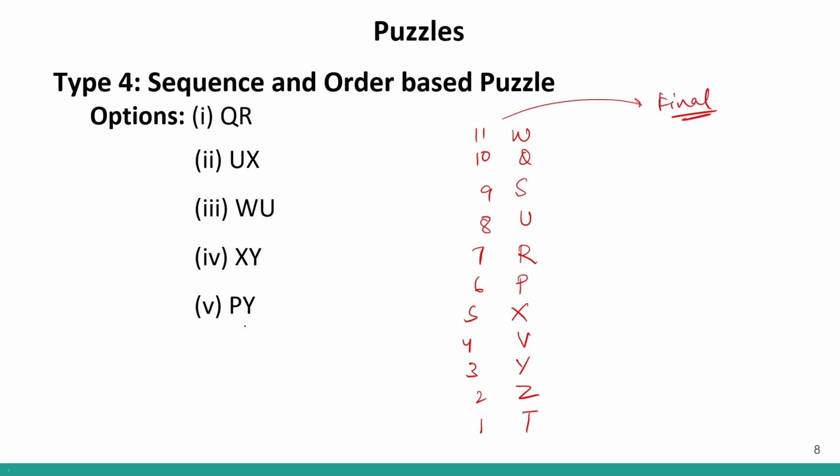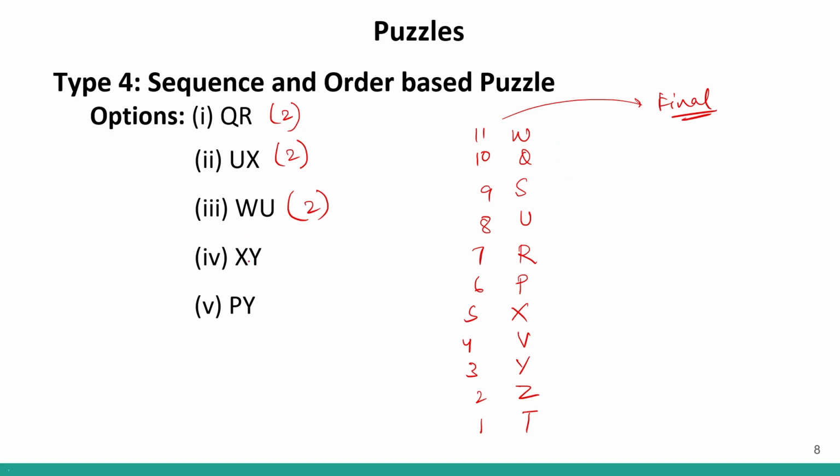Now, 4 of them are alike and one is different, and we have to identify the one that is different. Q and R have 2 people between them. U and X also have 2 people between them. W and U also have 2 people between them.